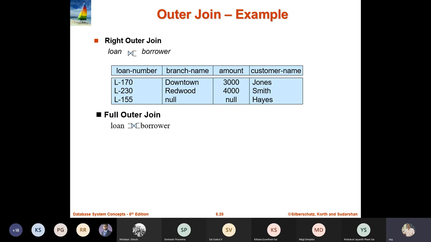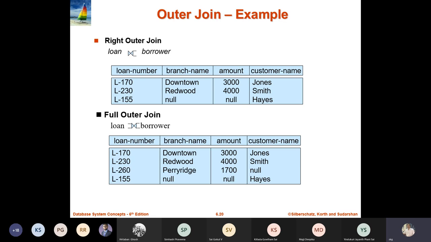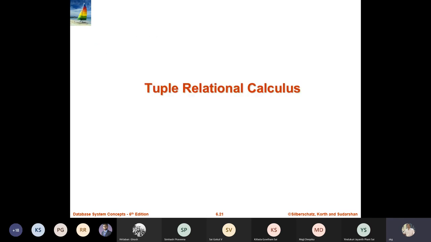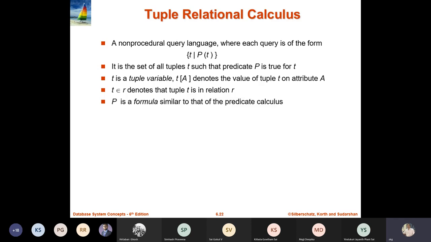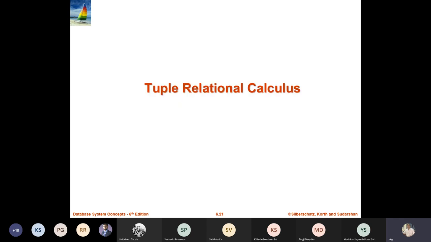Okay, this is quickly about the relational algebra representation, which has a direct implication for the SQL queries you are writing. This is a procedural language. Next, we will be looking at the tuple relational calculus and domain relational calculus.